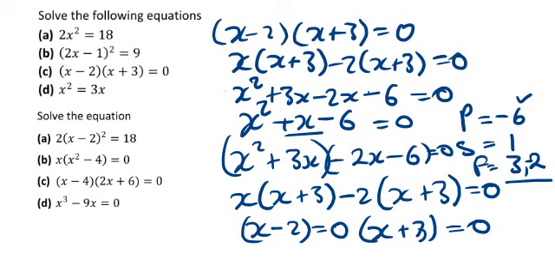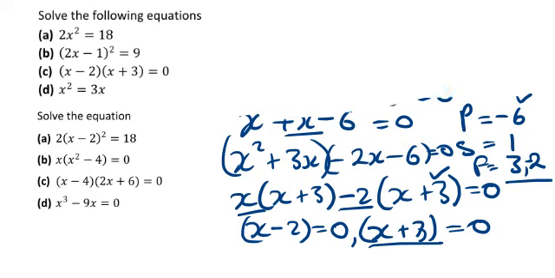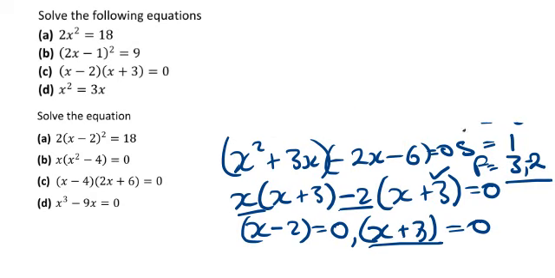So you just get this and then you equate them to 0. So you just get one of that, which is this one, and then you combine x minus 2 and then you equate them to 0 each one. And when you reach at this point, this will be x minus 2 equal to 0 or x plus 3 equal to 0.